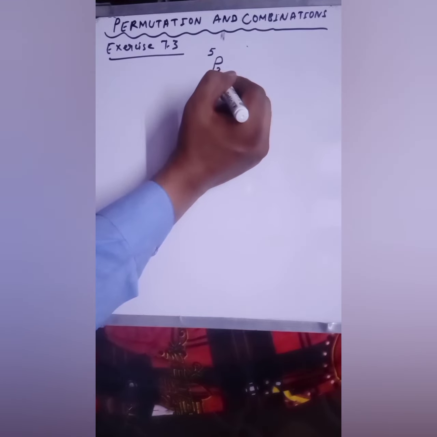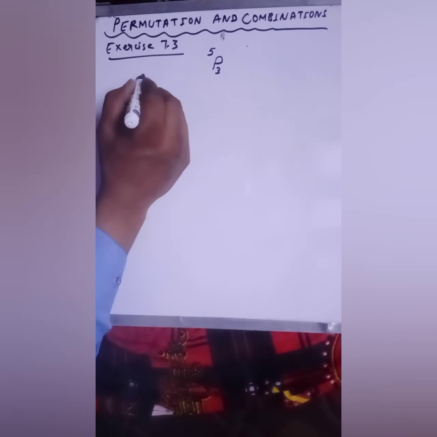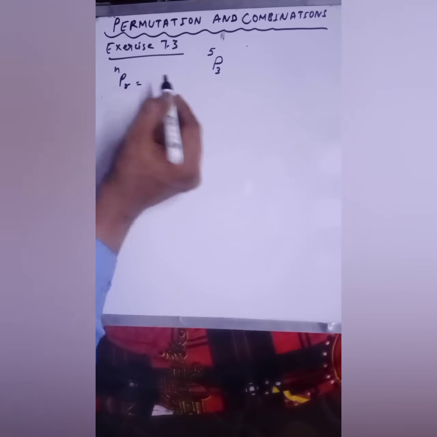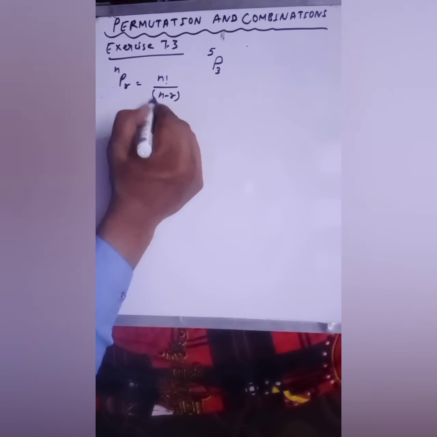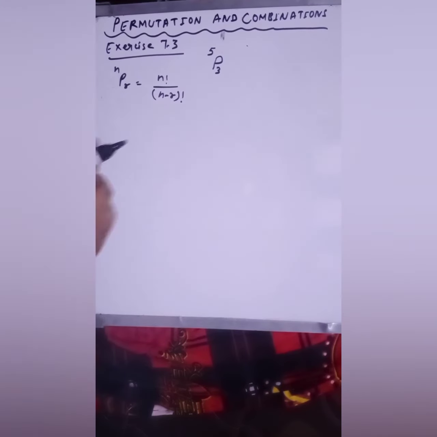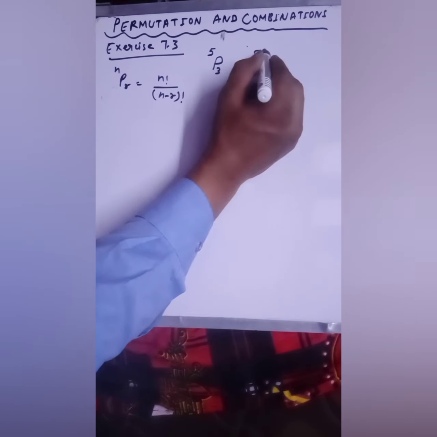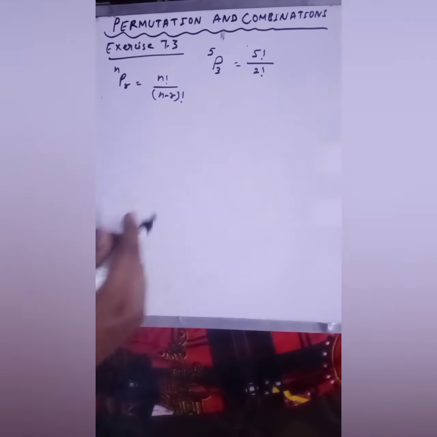Basically, this is a formula of permutation, the general formula: P n r is n factorial over n minus r factorial. So when you solve this, you will get 5 factorial over 5 minus 3, that is 2 factorial.